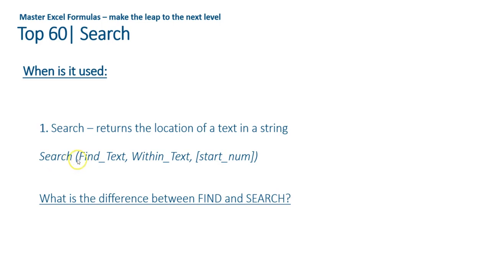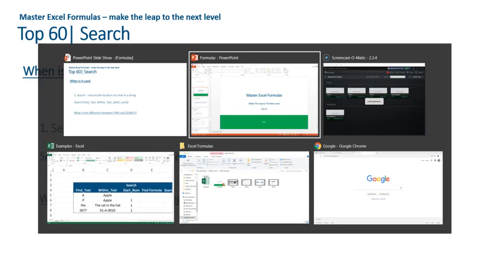But before that I just wanted to go through the structure of the SEARCH function. First of all we need to specify the text that we want to find, then within what text we need to find it, so that's our string, and the optional thing here is the start number or starting position. Now let me give you an example.